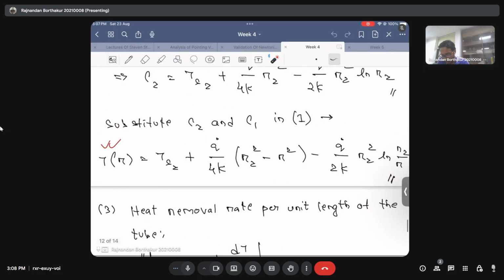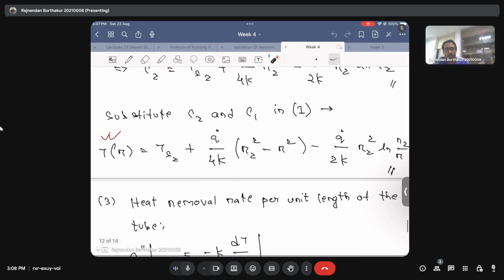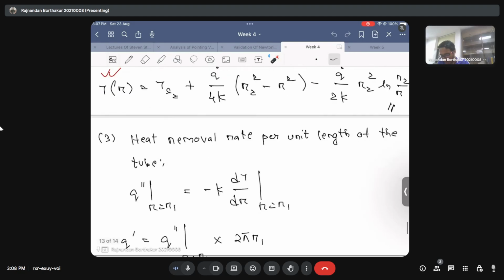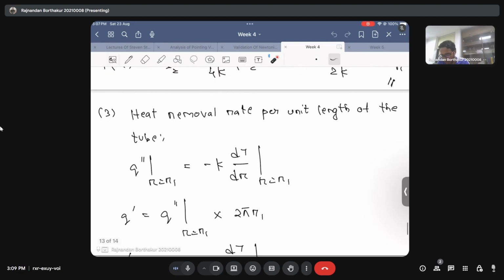This is how the temperature profile looks when we substituted the boundary conditions to evaluate the constants. They also asked us to calculate the heat removal rate per unit length of the tube.